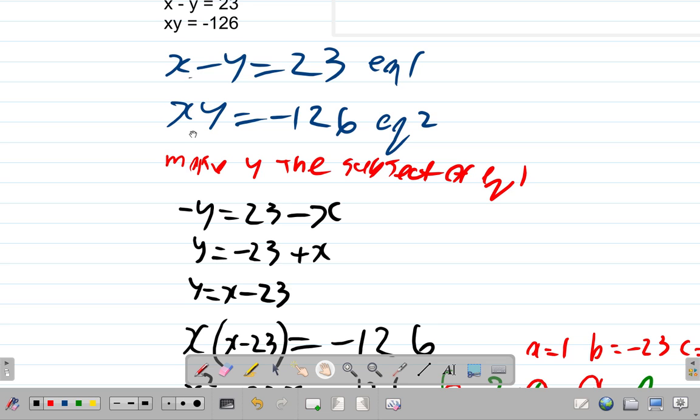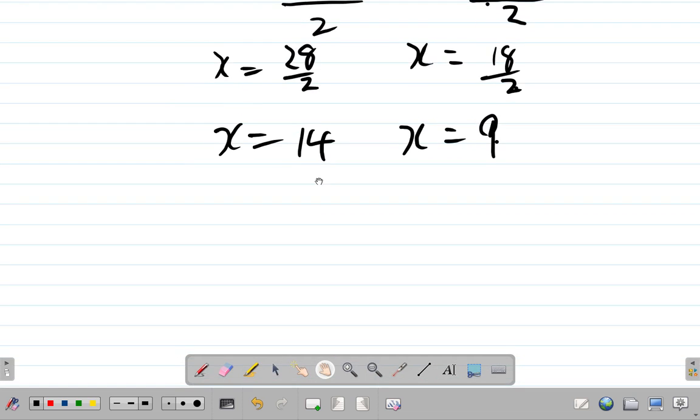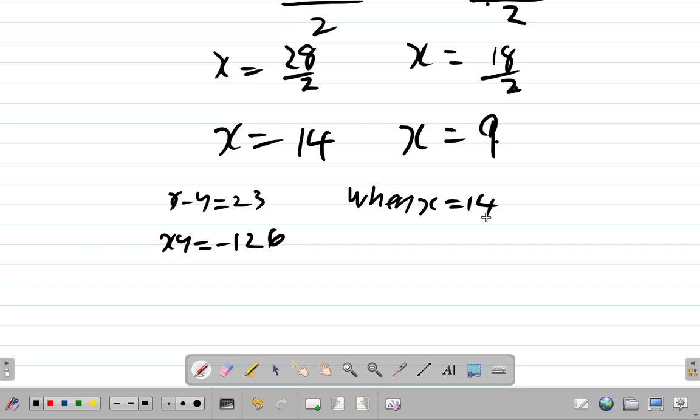It's x minus y equals 23, xy equals negative 126. Let's rewrite it down here. So you have x minus y equals 23, xy equals negative 126. Now here, x is 14. I say, when x is equal to 14, what is y equal to?